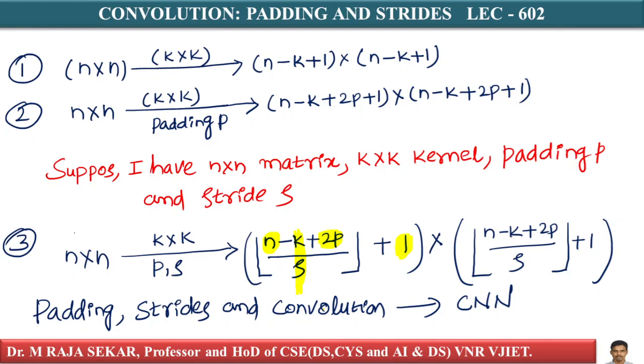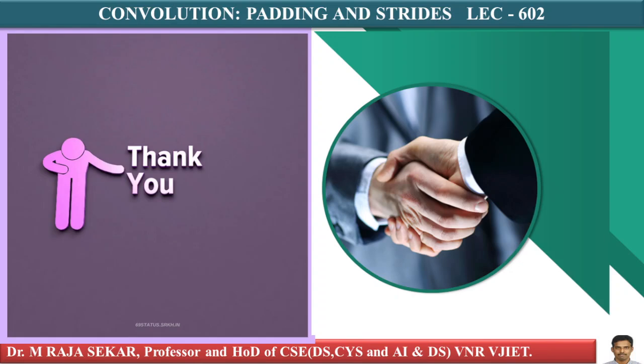I request all of you to go through these concepts so that in future classes we will understand how to construct a convolutional neural network by using these three concepts: convolution, padding, and strides. Thank you very much.